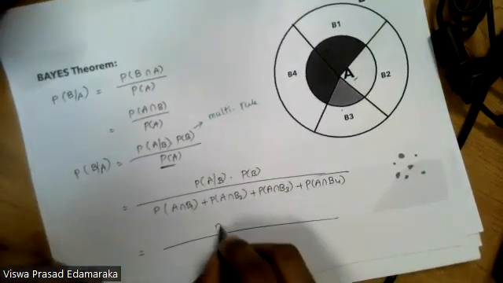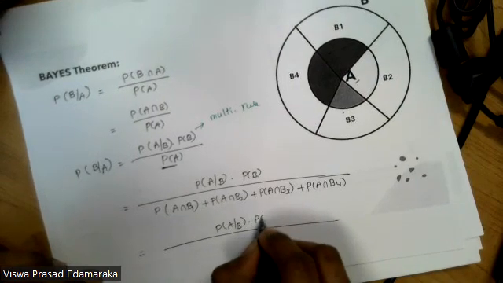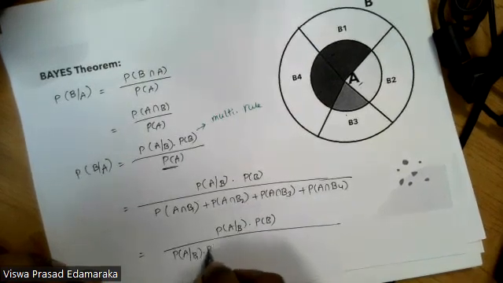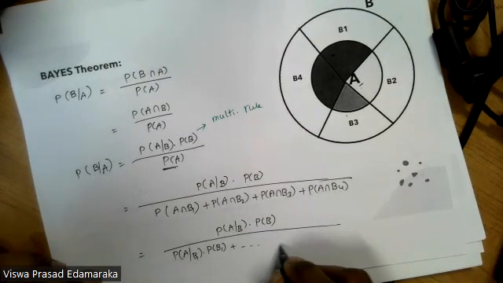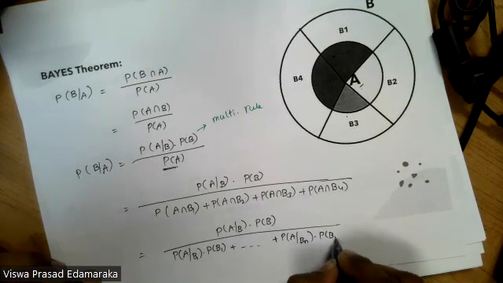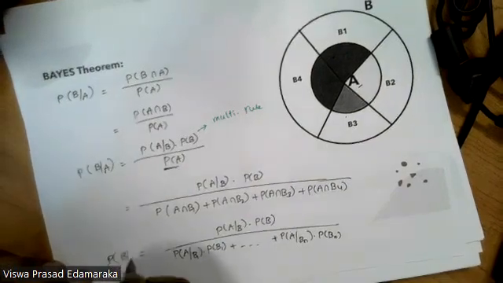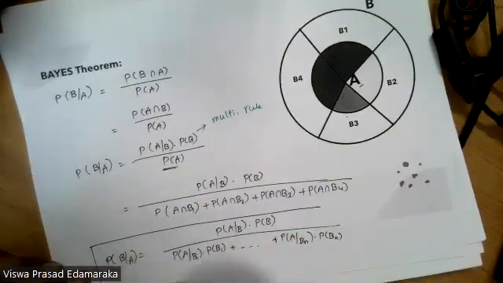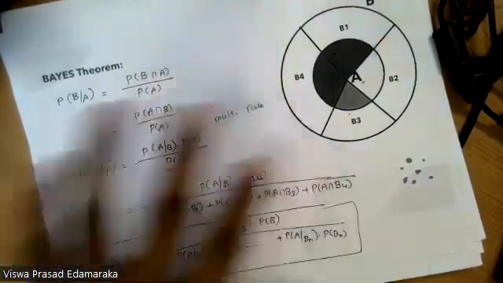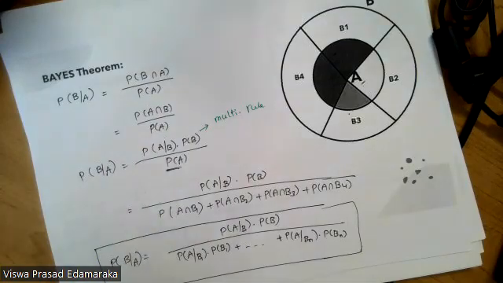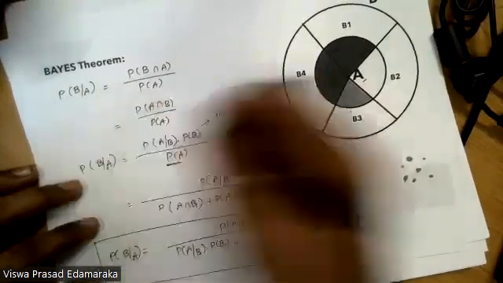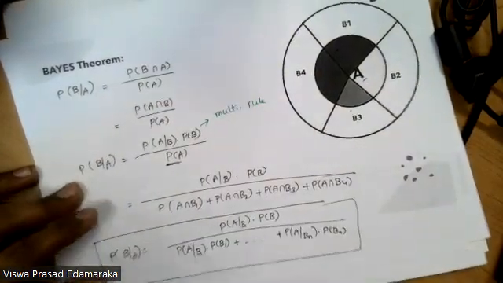Finally, from the multiplication rule, I can write P of A given B1 into P of B1, up to P of A given Bn, P of Bn. This is Bayes theorem. If you learn this type of formula formation, you can use any formula from any step based on the question he asks.